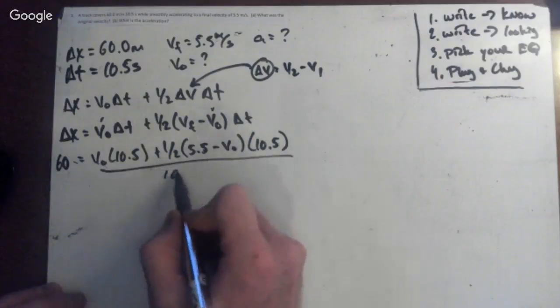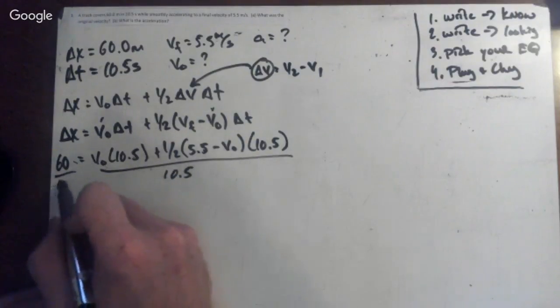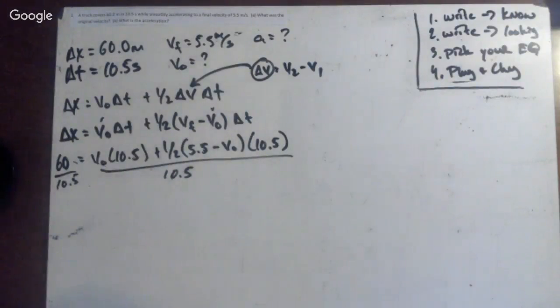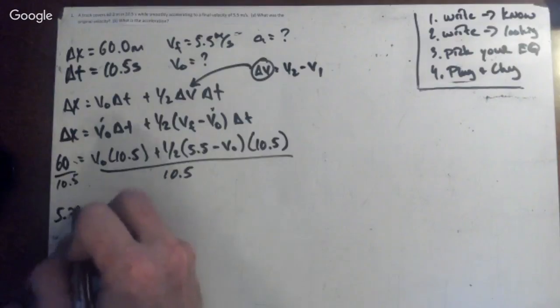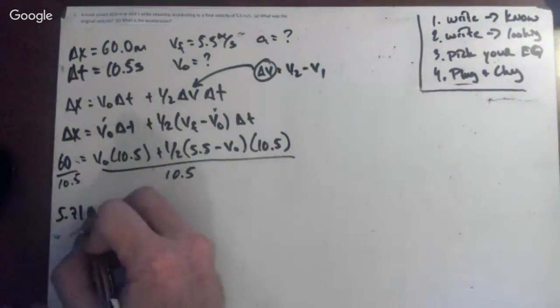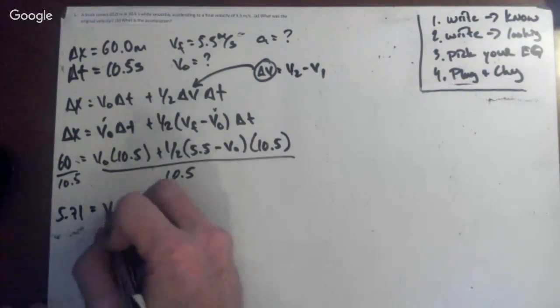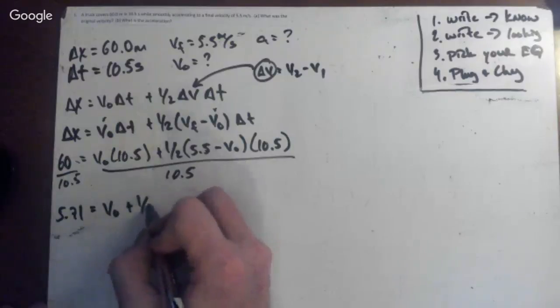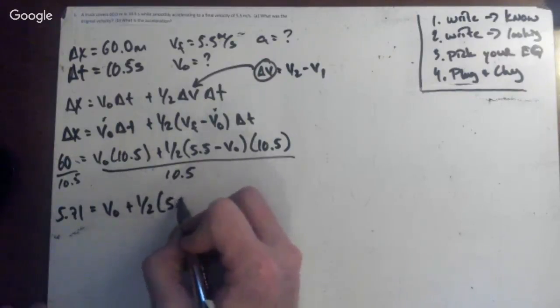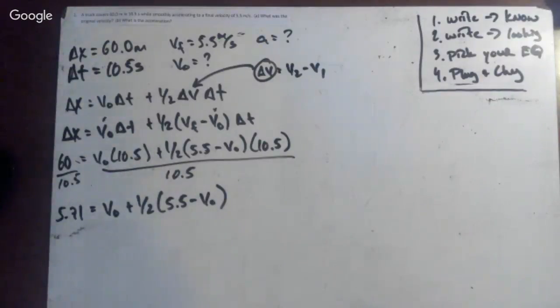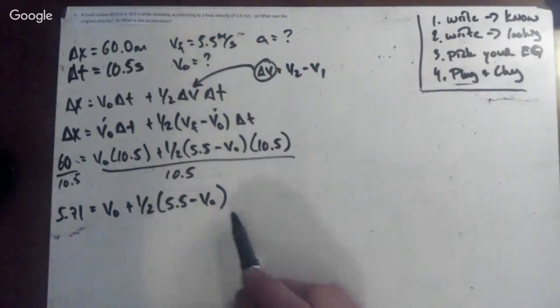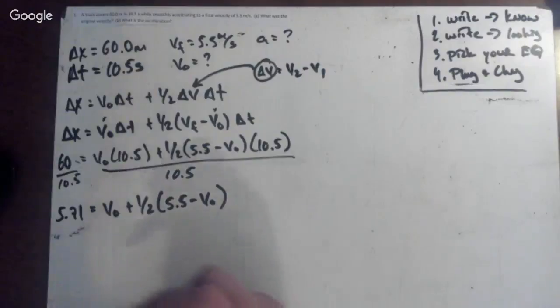So let's divide both sides by 10.5. And 60 divided by 10.5 is 5.71 equals V0 plus 1/2 5.5 minus V0.